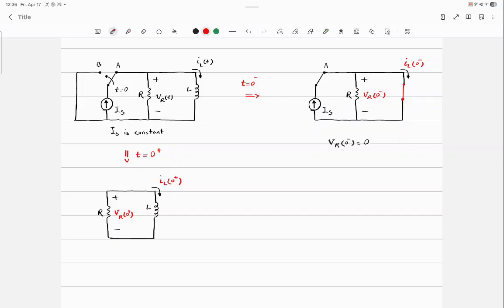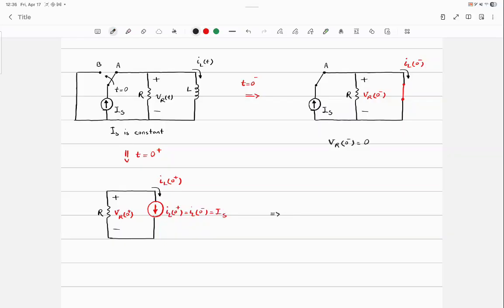Replace it with a current source. And the value is IL0 positive equal to IL0 negative, and it's equal to IS.